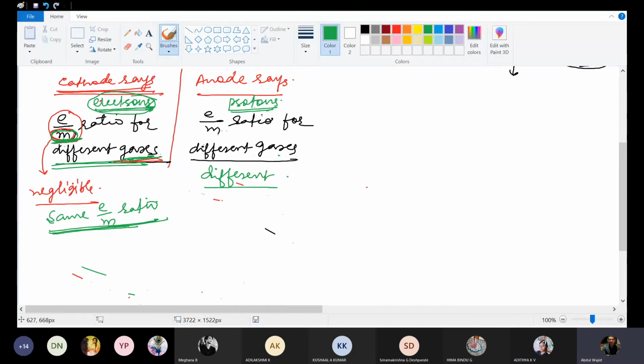Why? Because different gases have different numbers of protons, and the mass of a proton is not negligible. So if the number of protons varies, then the mass also varies. So the e/m ratio for different gases in the case of anode rays will be different, but for cathode rays it will always be the same. Is it clear?